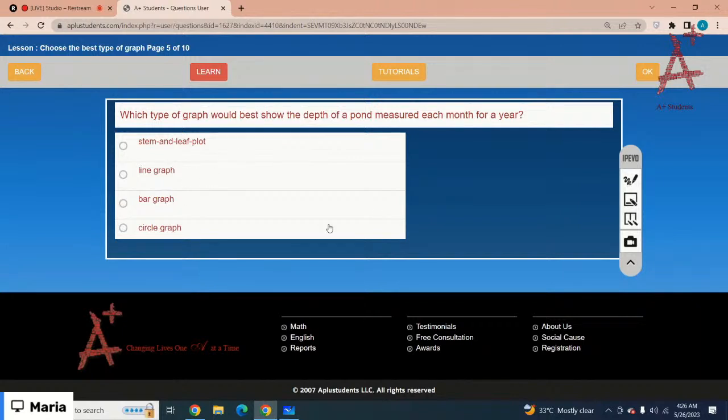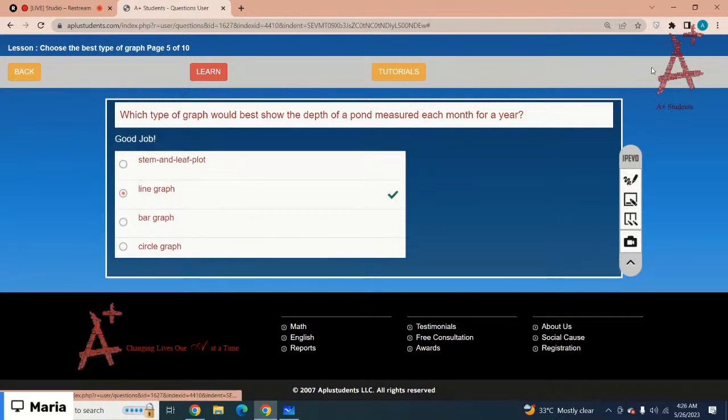What type of graph would you show the depth of a pond measured each month of a year? So you have to measure every month. That means you are going to use, whenever you have to record the values over time, you can use the line graph. So here you're going to use the line graph.